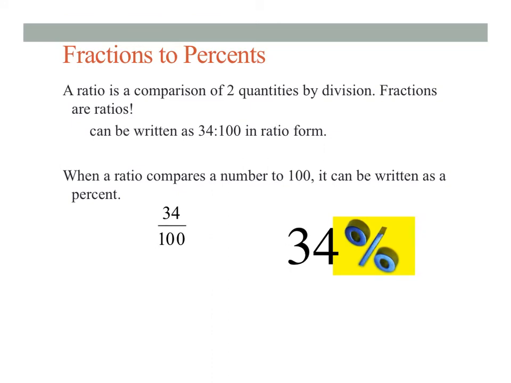If the denominator is 100, very simply, the percentage is just the numerator. 34 hundredths is the same thing as 34 per 100, which would be the same thing as 34%. When you see the word cent, I want you to immediately translate that in your brain to 100. Percent means per 100.